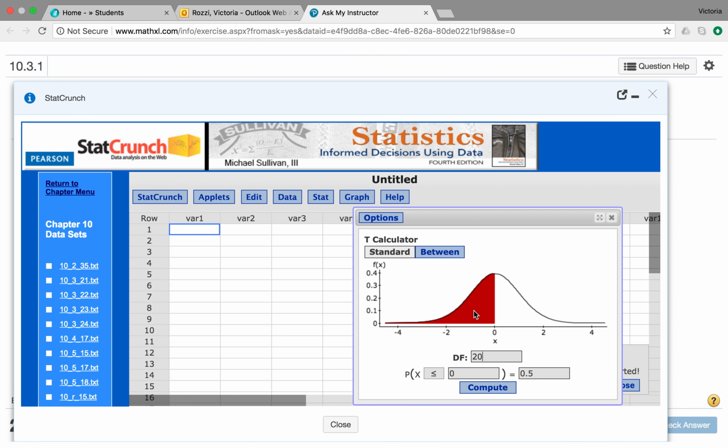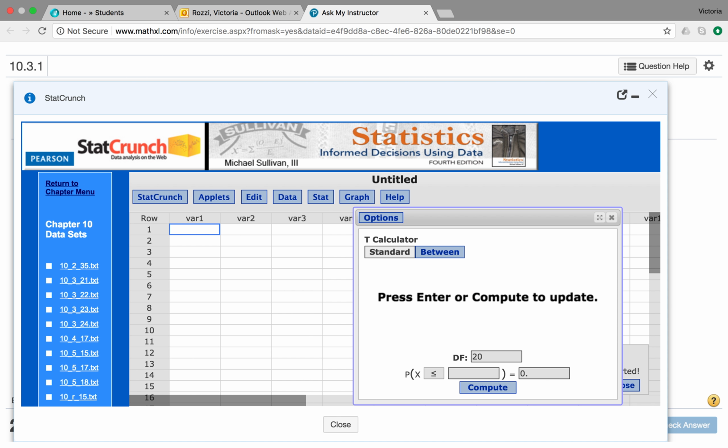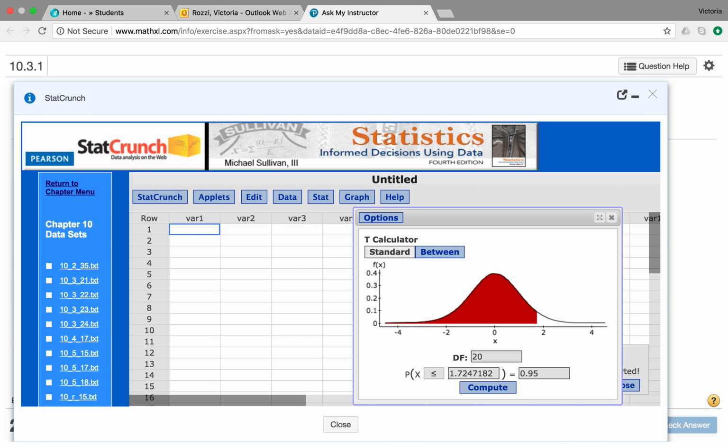So if the area to the right is 0.05, 1 minus 0.05 is going to be 0.95. So we're going to put in 0.95, and you'll see that my z-score, it's going to be a t-score this time, is now 1.72. That would be my right-tailed test of 0.05.